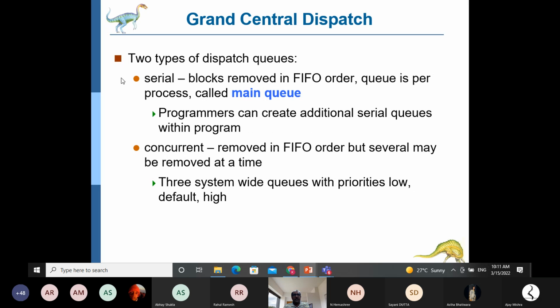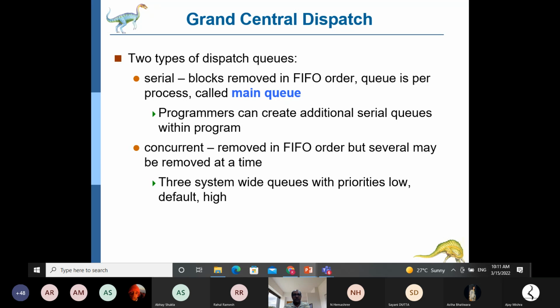As I mentioned, based on their nature, there are two types of blocks. One is serial blocks, and the other is concurrent blocks. Serial blocks mean all the statements have to be executed in a sequence, whereas concurrent blocks mean you can run parallel activity.